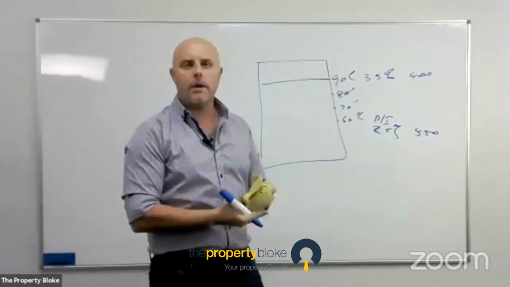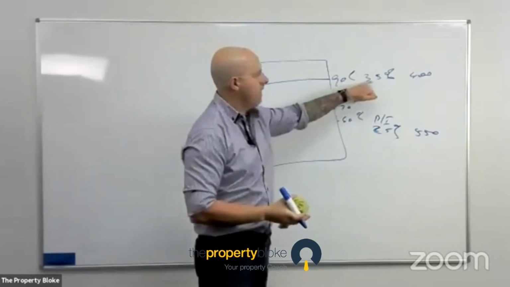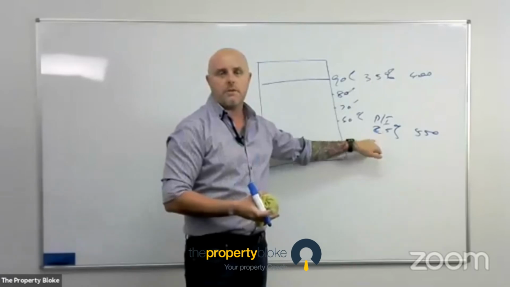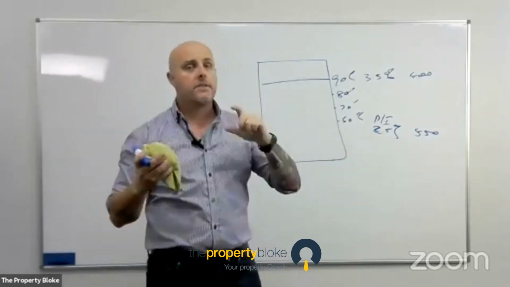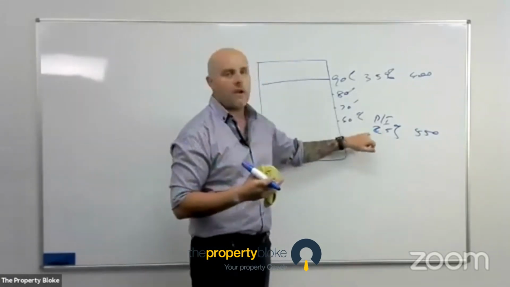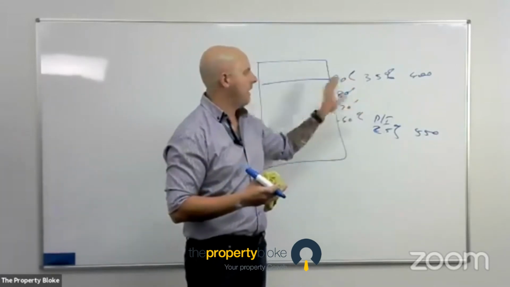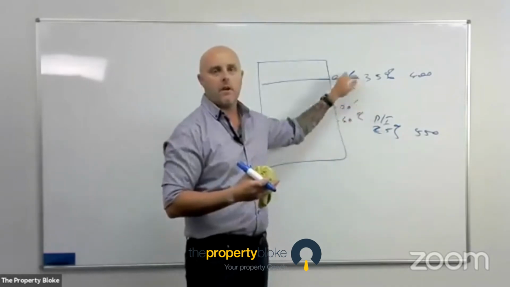So a lot of people feel as if a 3.5% interest only and a 2.5% principal and interest, the repayments would be the same, but there still is a fair bit of difference even though this interest rate's lower, okay?